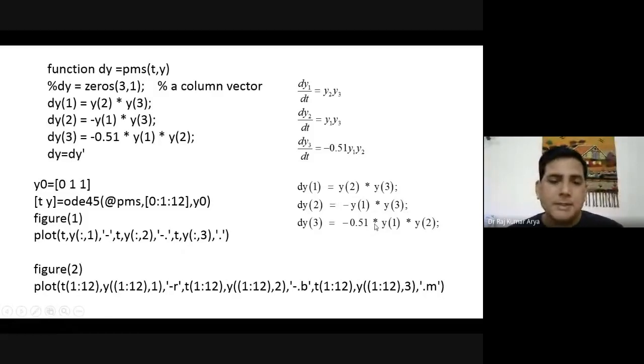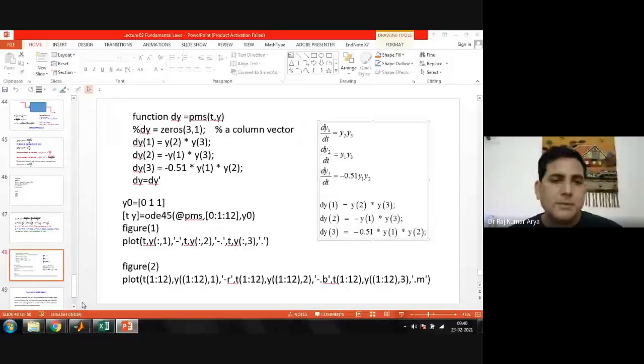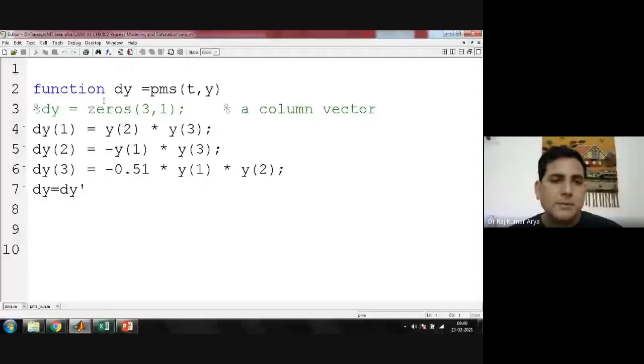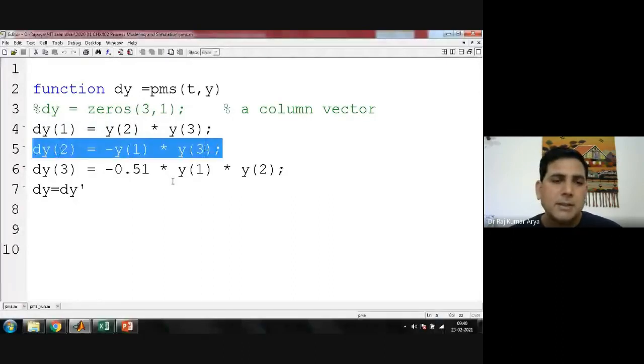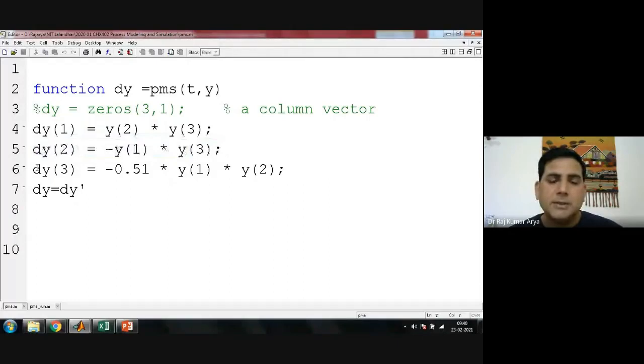If we define that, in case of MATLAB, your program file would become something like that. So this is your first equation, after that this is your second equation, and this is your third equation.